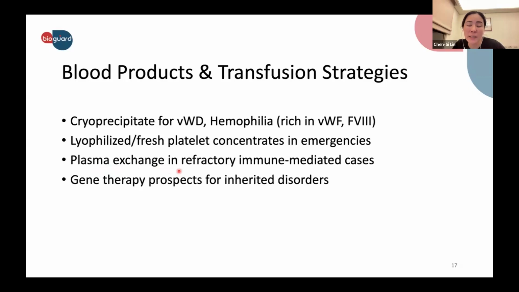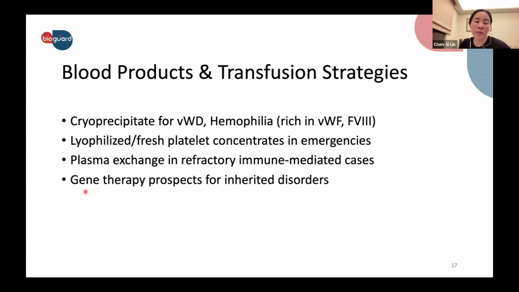And in some cases, if the dog is suffering, maybe not only dogs, also cats, if the animal suffers from refractory immune-mediated disease, we may need to do plasma exchange, and it will help us wash out the autoantibodies, to prevent these autoantibodies from continuing to attack the platelets or the megakaryocytes.